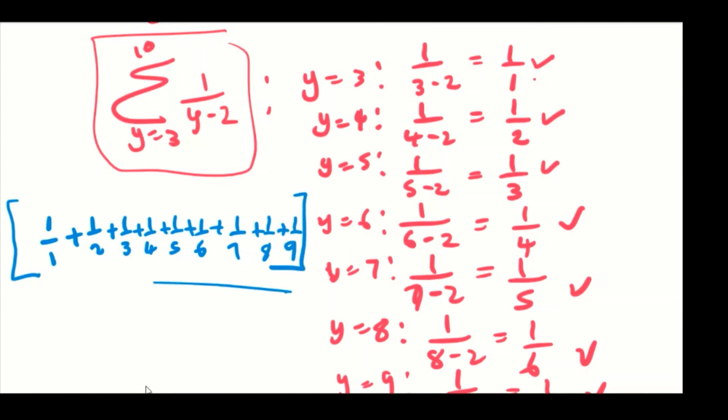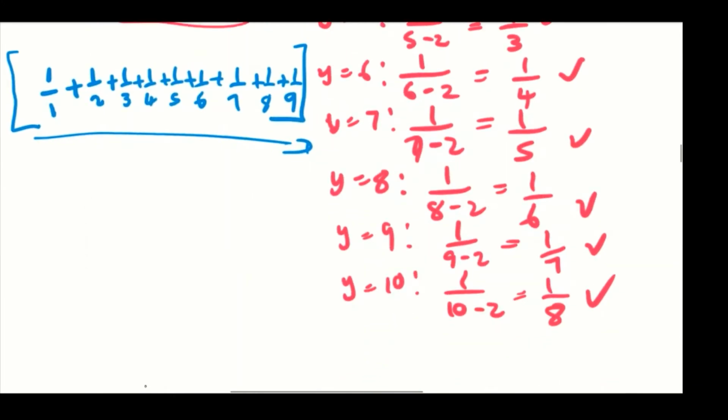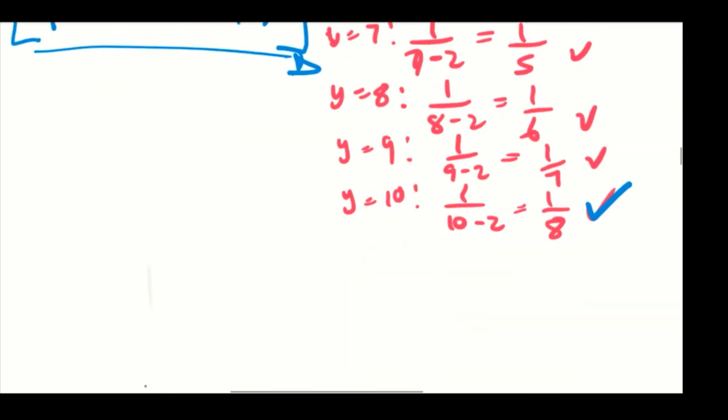So these are the terms for the first sum. Oh, sorry, it's 1 over 8. It ends at 1 over 8. Let me correct myself here. So it's 1 over 8, right? This is the last one. Cool. So these are the terms for the first sum.